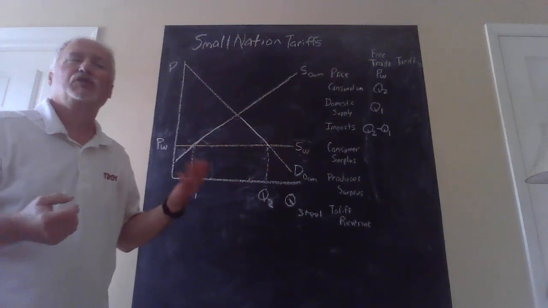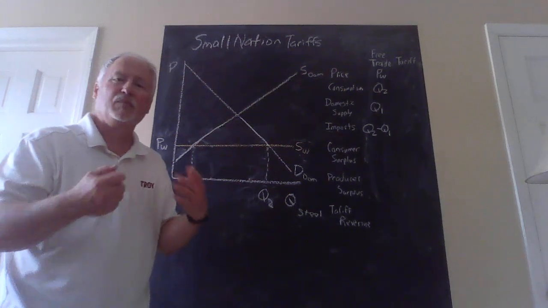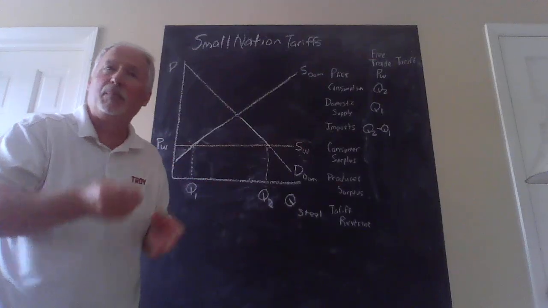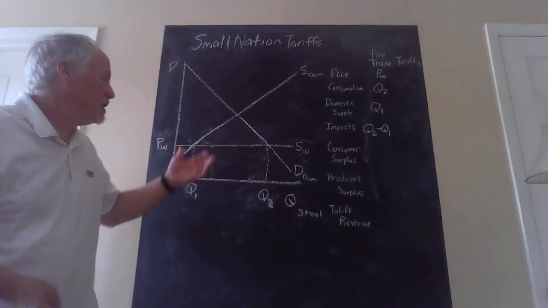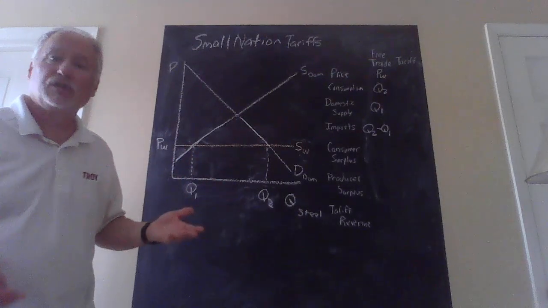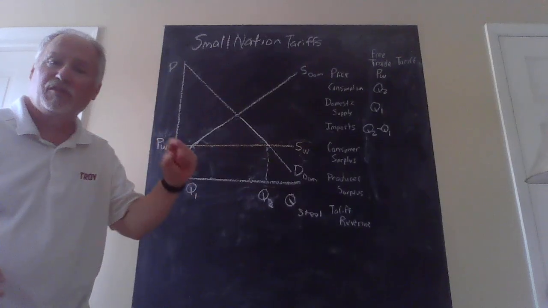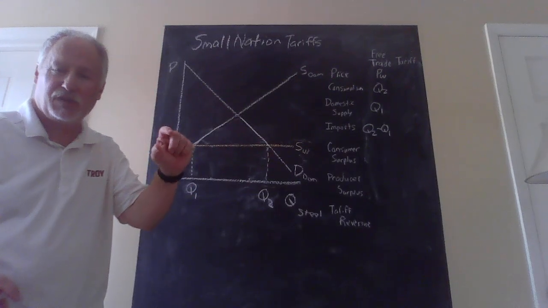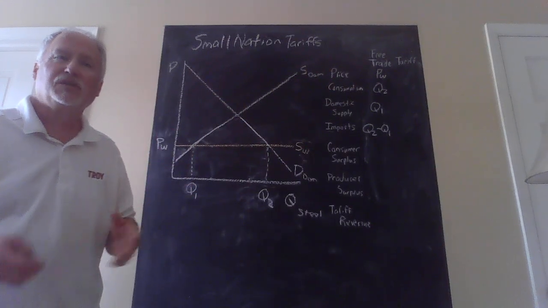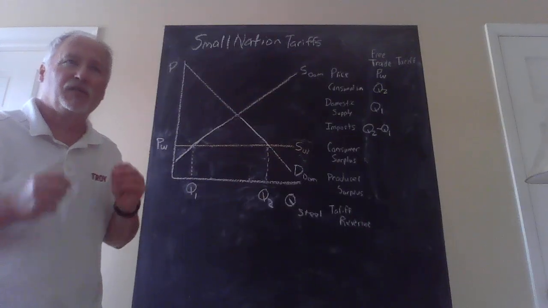If you were putting a $1 a loaf tax on bread, you shift the supply curve up by $1. We're thinking about putting a tariff on steel here, so the amount of the tariff per unit of steel, say per ton, is the amount that we shift the supply curve up.